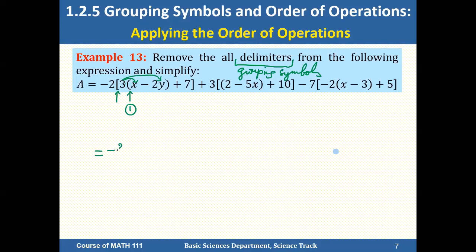We keep the -2 outside and open this delimiter and distribute to remove this parenthesis. 3x: minus 3 times x is minus 3x, then 3 times minus 2y is minus 6y, and this comes down as is, plus 7.